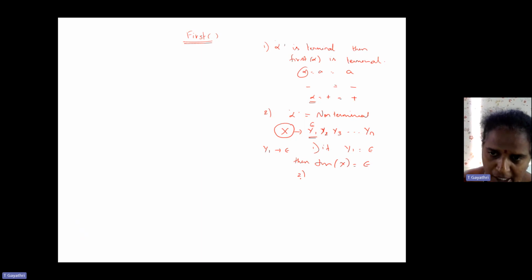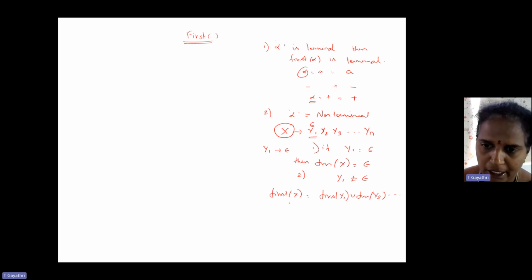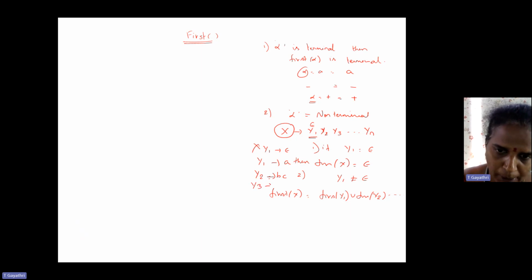And the second condition is if y1 is not equal to epsilon. Then the first of x equals first of y1 union first of y2 and so on, right? For example, if y1 equals some a, y2 equals some bc, and y3 equals epsilon.